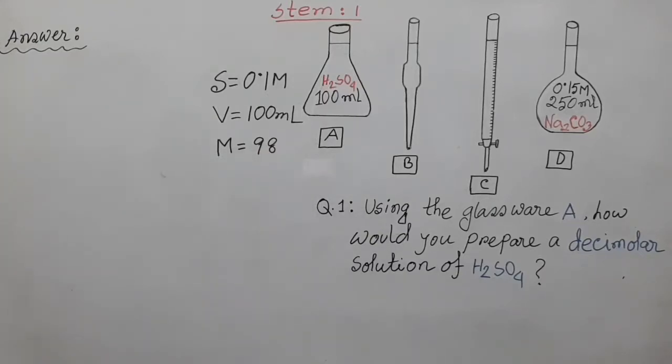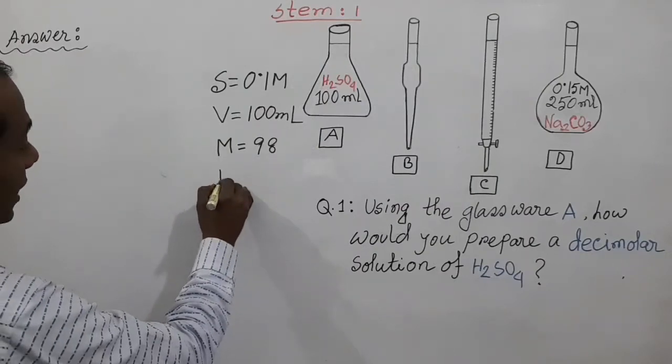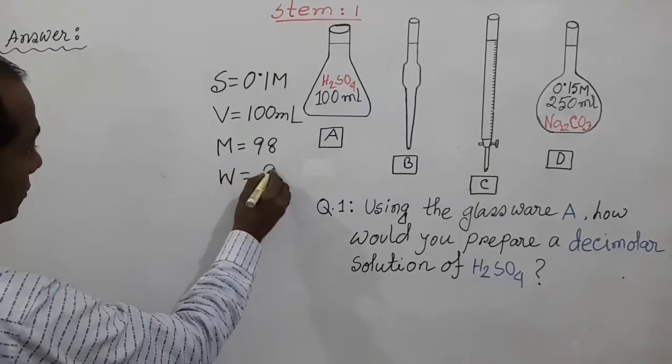So, my dear students, we have to determine how much sulfuric acid is required to prepare 100 ml of 0.1 molar solution. Now, what is the value of W?